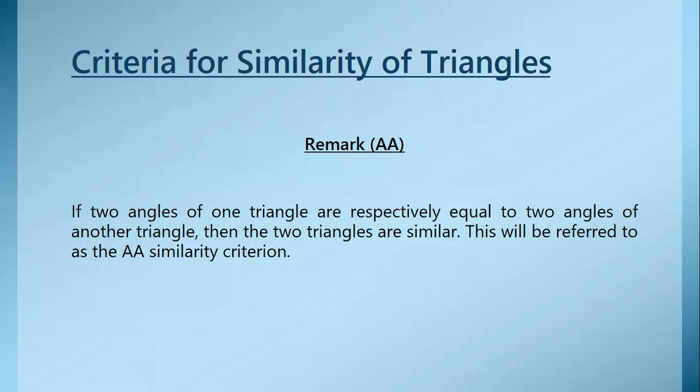So, if two angles of one triangle are respectively equal to two angles of another triangle, then the two triangles are similar. So this is referred to as AA similarity criterion. So this is what we'll be mostly using because it is enough to prove just two angles to be equal.